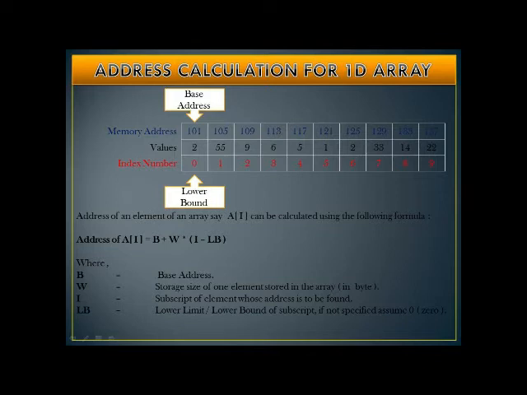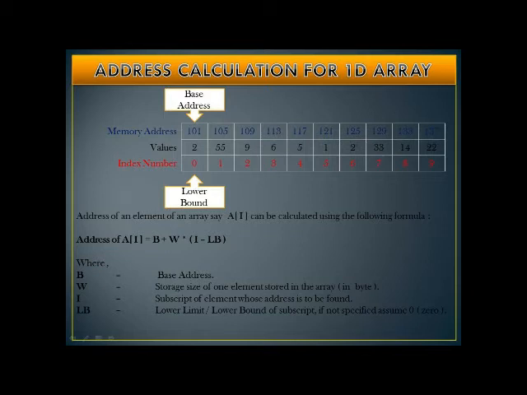This memory address is called the base address. The memory address of the first cell of an array is always known as the base address, by which we can understand how to move to the next cell.